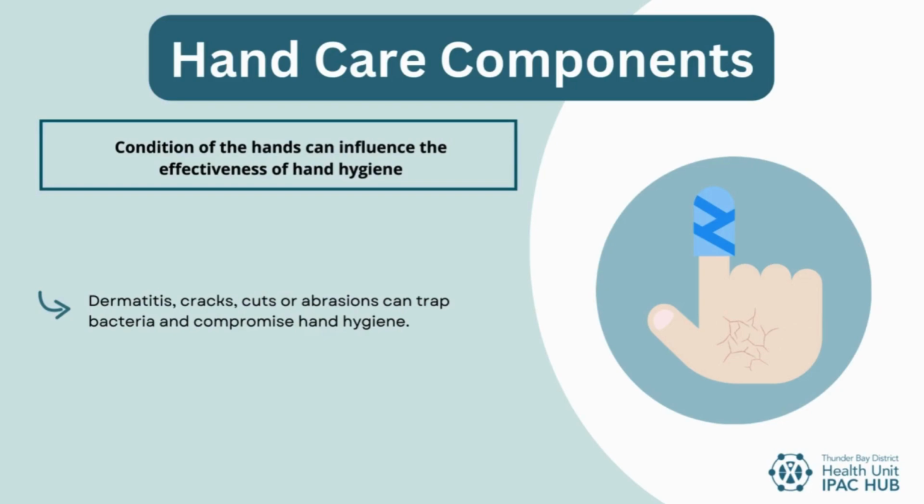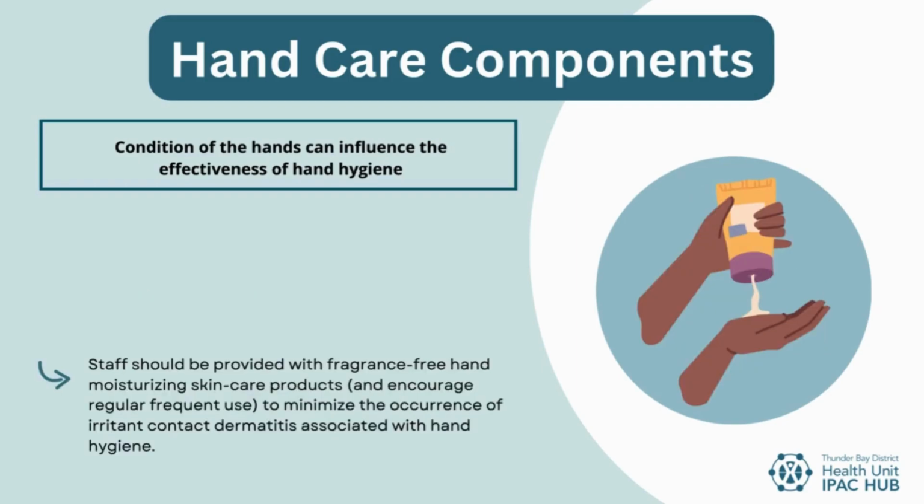Dermatitis, cracks, cuts, or abrasions can trap bacteria and compromise hand hygiene. Staff should be provided with hand moisturizing skin care products and be encouraged to regularly use them to minimize the occurrence of irritant contact dermatitis associated with hand hygiene.